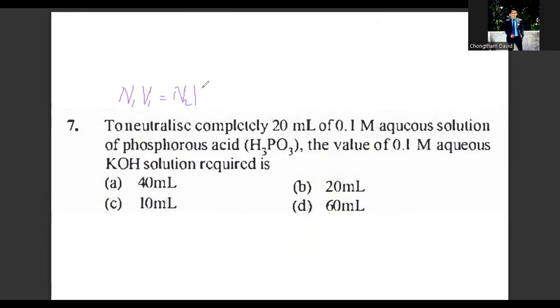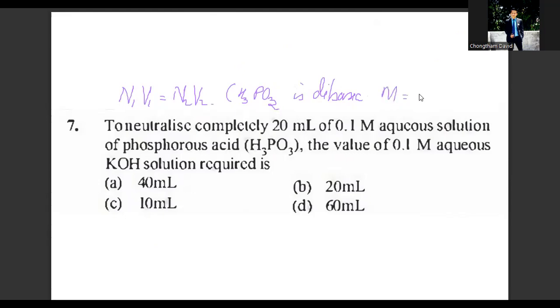N1V1 equals N2V2. Now, this phosphorus acid H3PO3 is dibasic, that means the replaceable H protons will be 2.